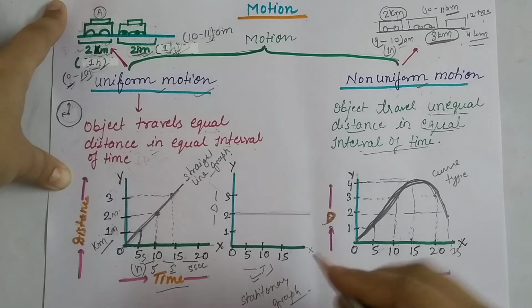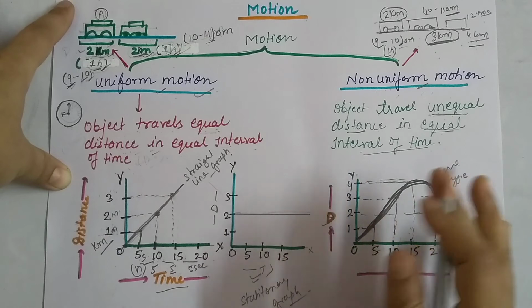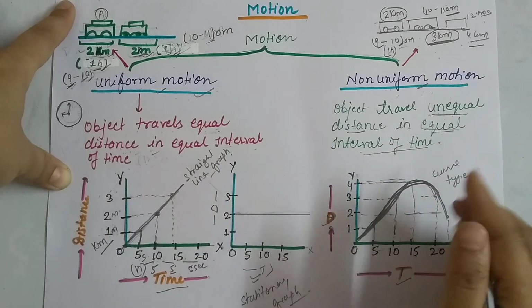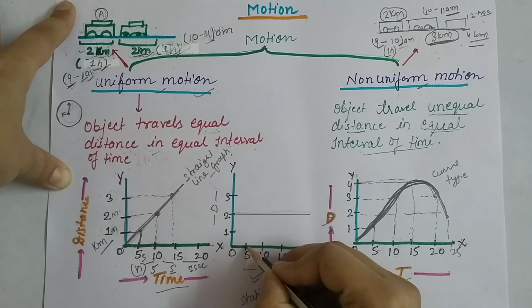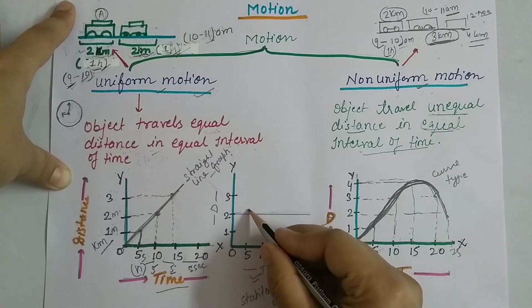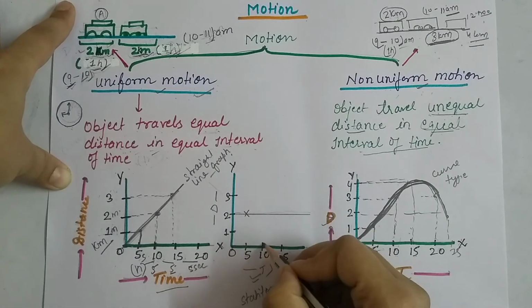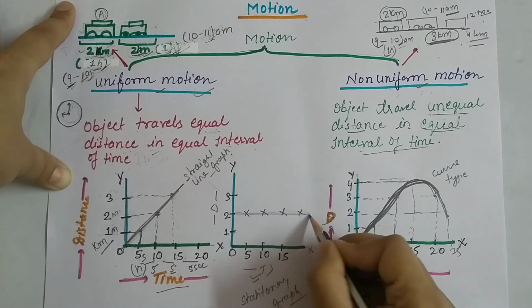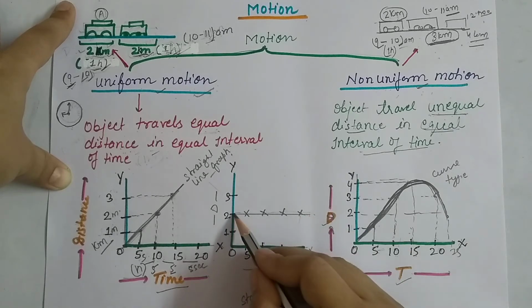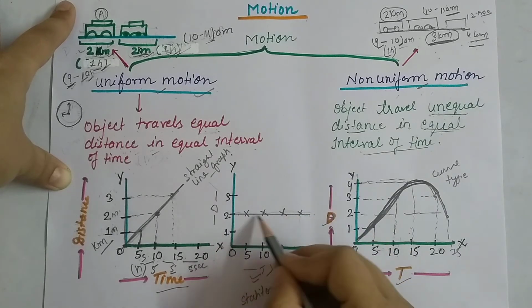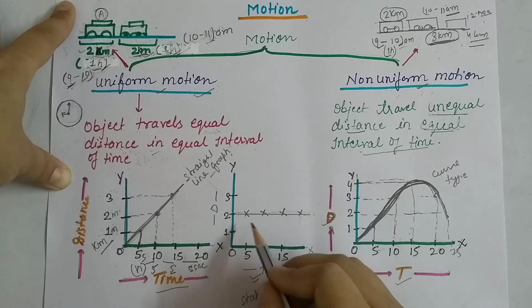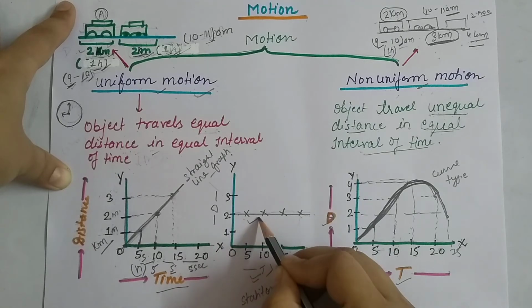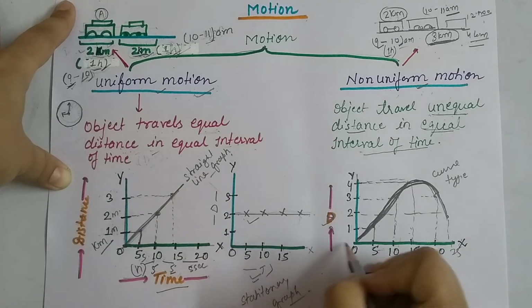This type of graph shows there is no motion taking place. At 5 seconds the object is at 2 kilometer. At 10 seconds again it is at 2 kilometer. At 15 seconds again, and so on. It is at the same position, means it is not moving.